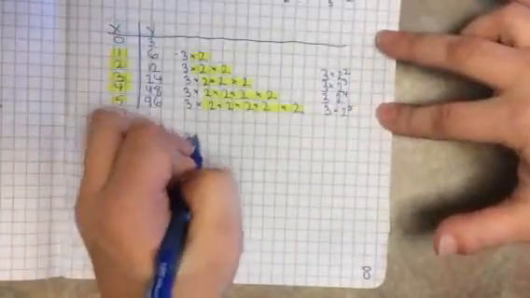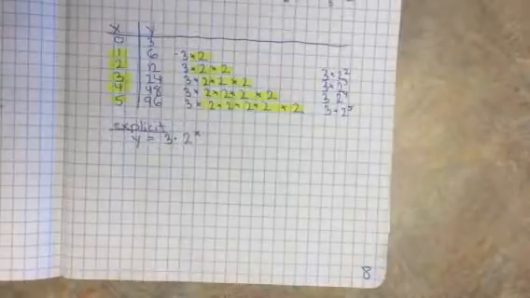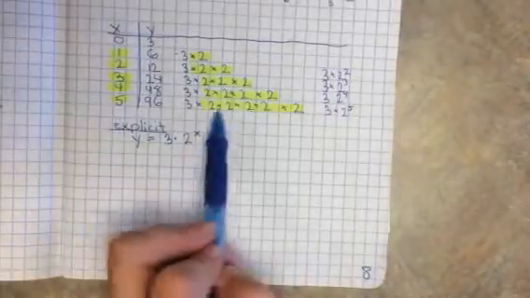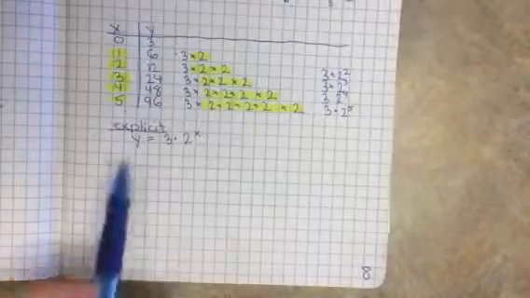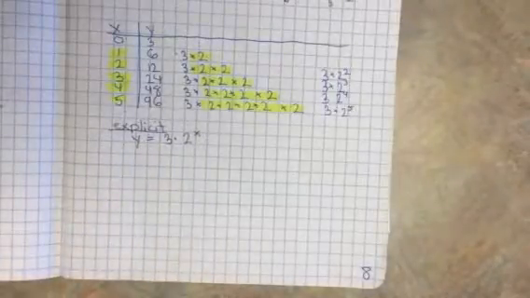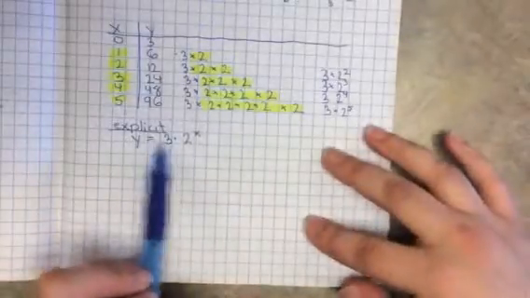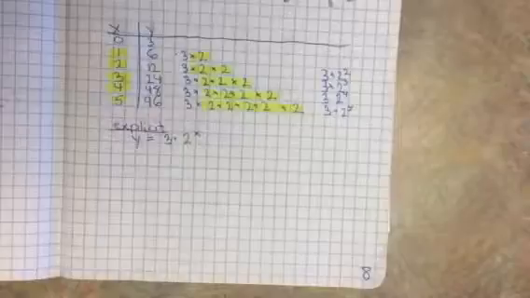Oh, so I could say multiply it however many times x is, right? So if x is 5, I multiply it 5 times. There's your explicit equation. So that gives you an example in your notebook of what a geometric sequence equation looks like.